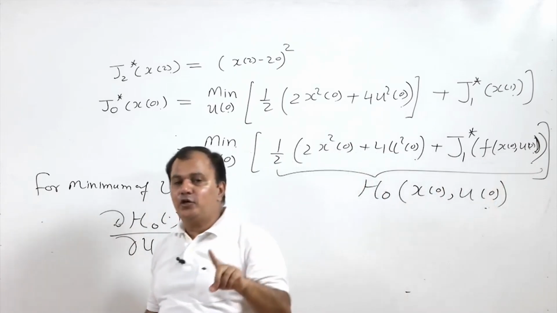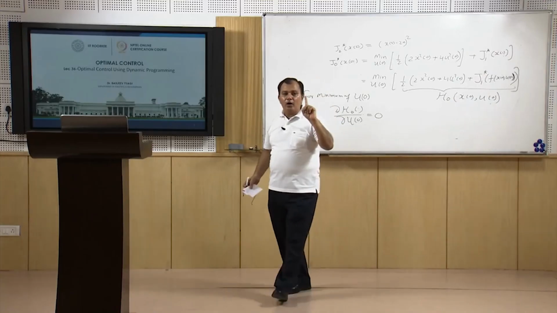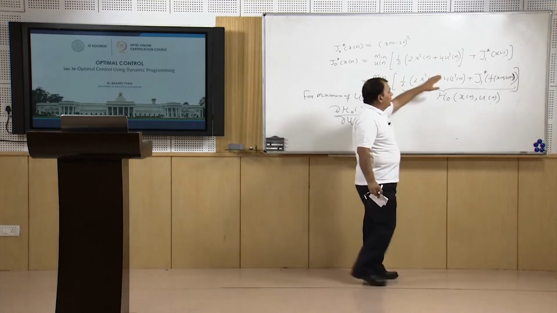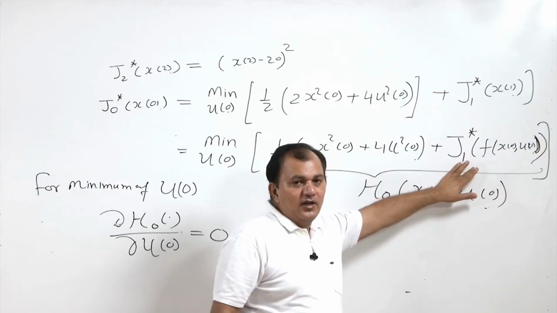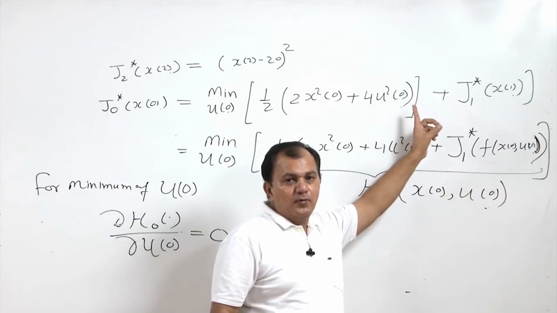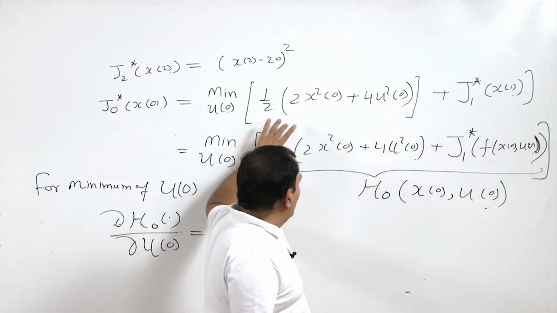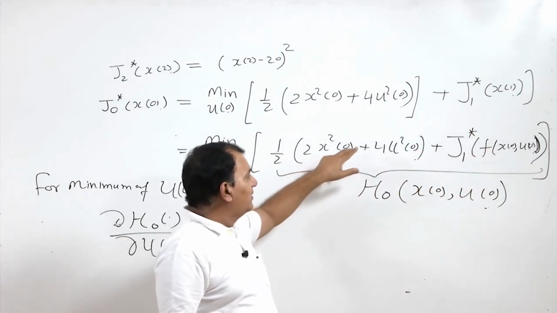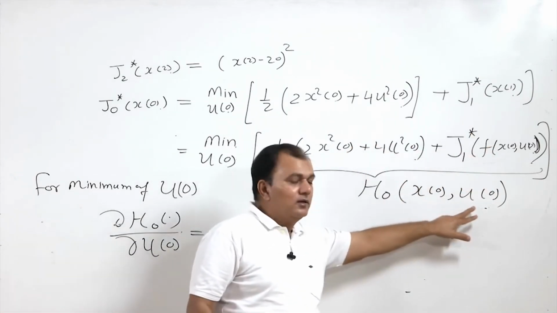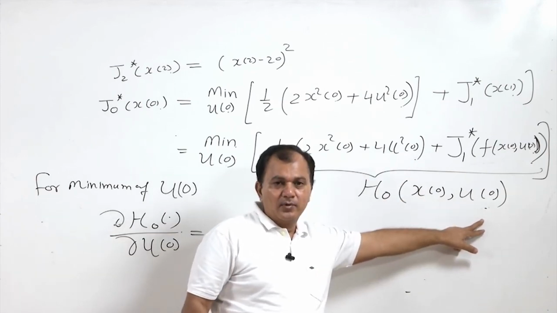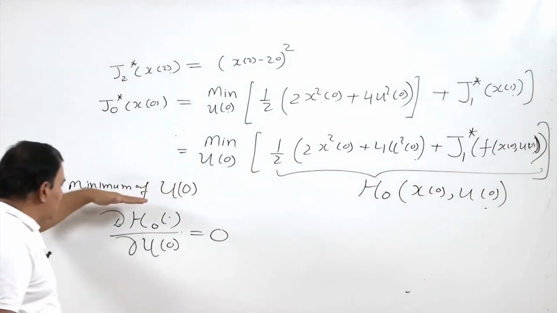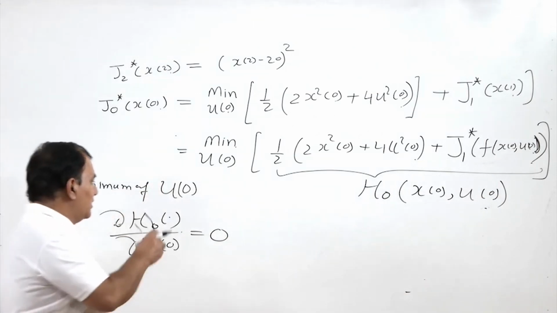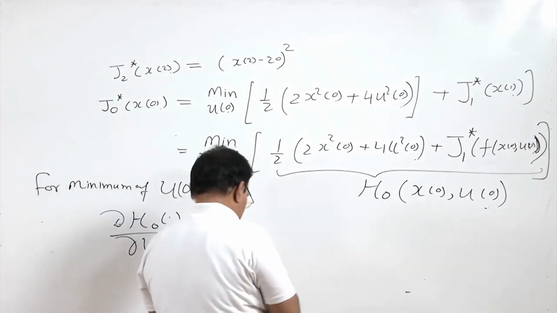When we substitute the optimal value of u1 in the expression of J1 star which we derived before, this whole equation will be in terms of x0 and u0. So, I can directly differentiate this with respect to u0 to get the optimal value u0 star.